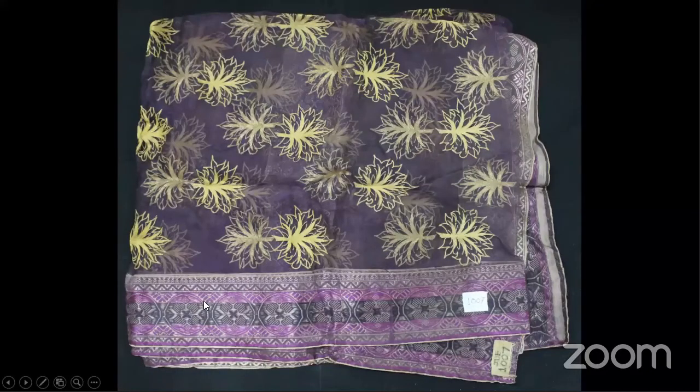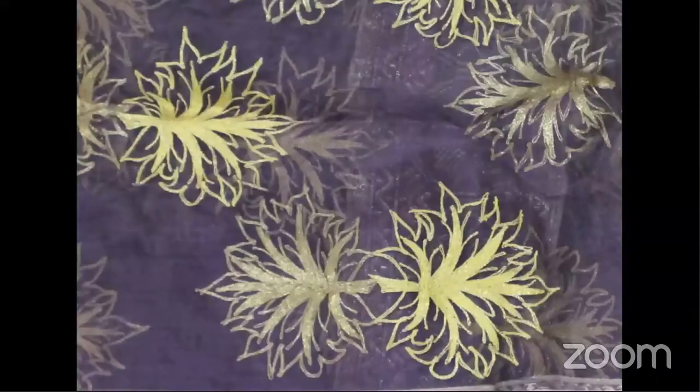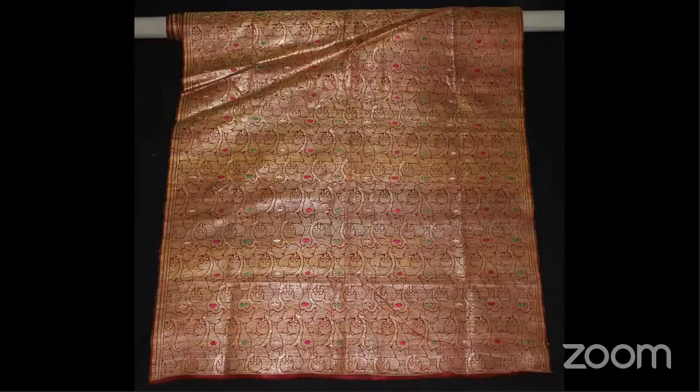Again, a very transparent base of the textile. On it, very opaque color is used for the embroidery work of the design. There is another trade work.